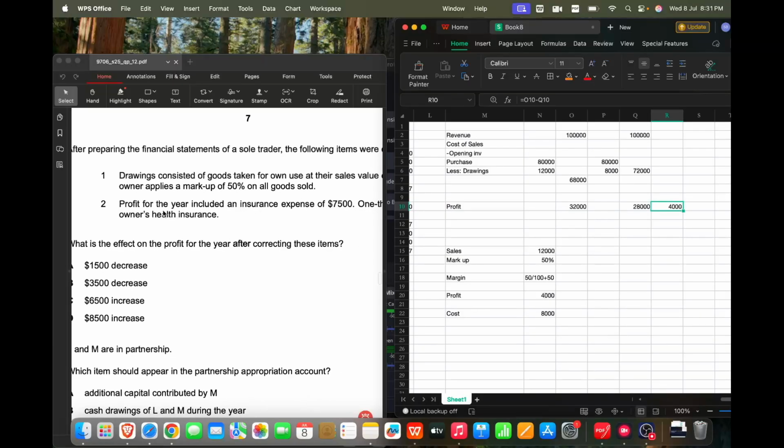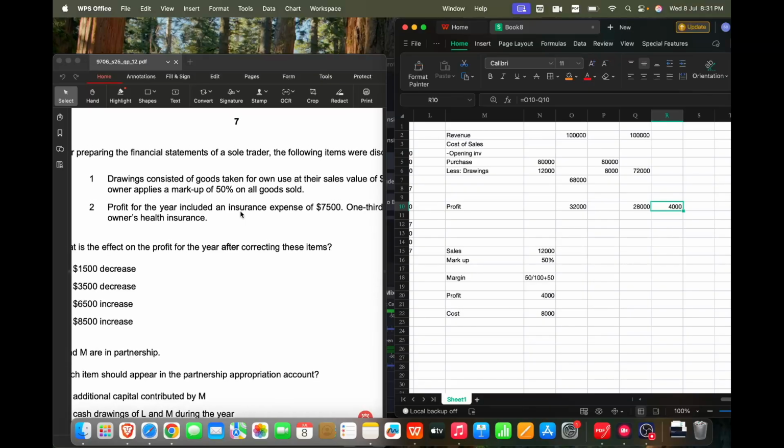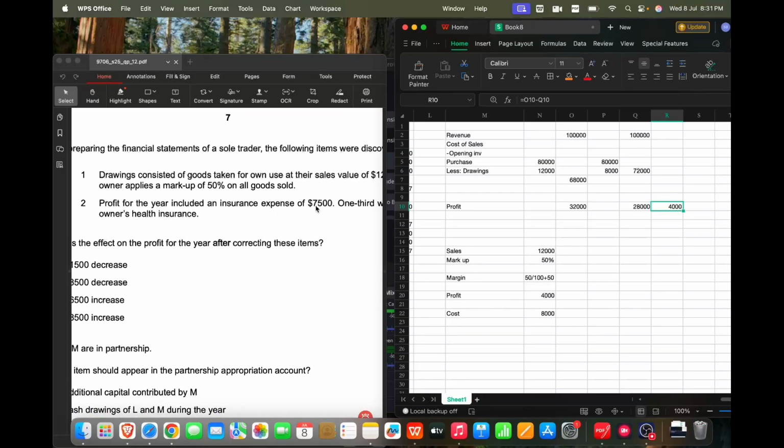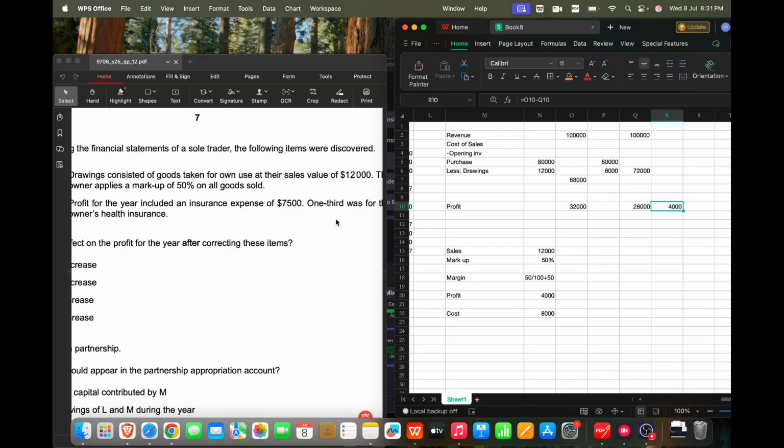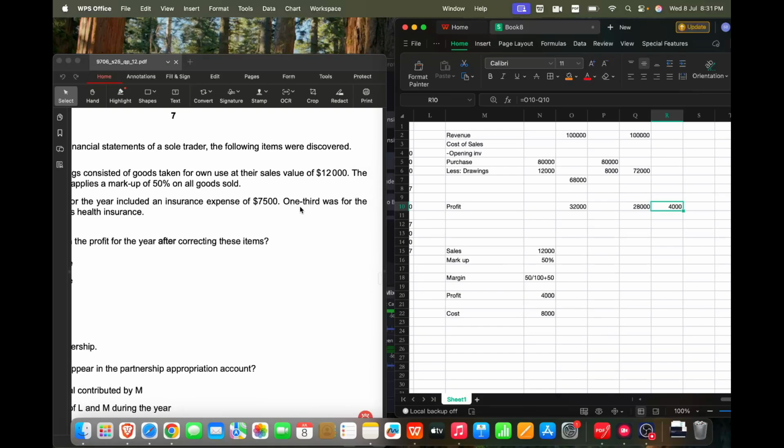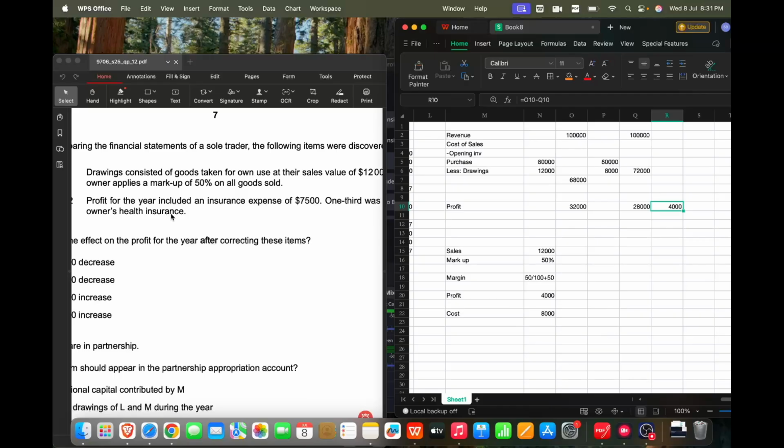Second one, the profit for the year includes an insurance expense. This is an expense, so it will decrease the profit, but 1/3 of this expense is for the owner's health insurance. So it is a personal expense and should not be included in the business expense.